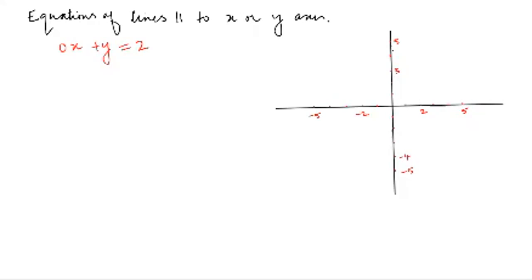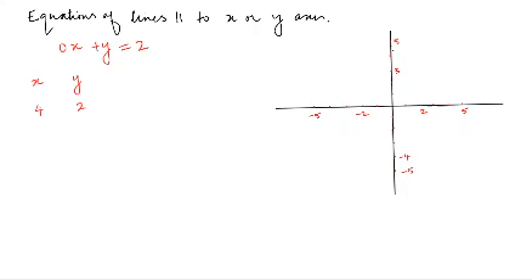Now let's take some values of x and y. Let's say when y is equal to 2, x can be anything. Interestingly, x can be 0, x can be 3, x can be 4, x can be 7. Let's take x is equal to 4.